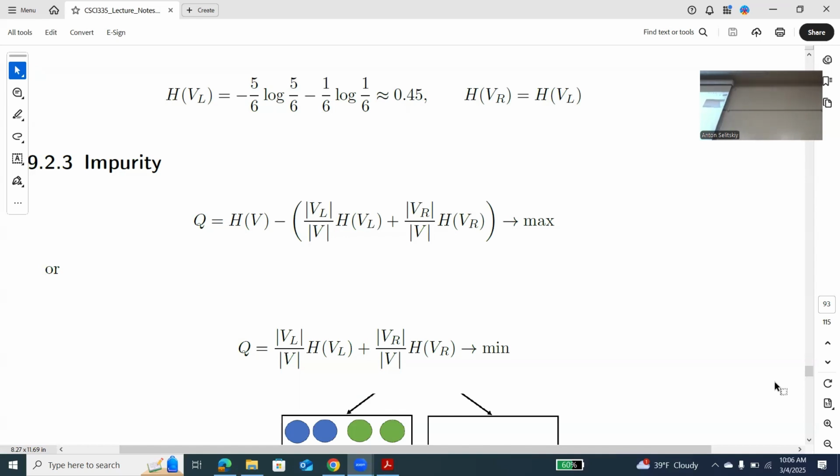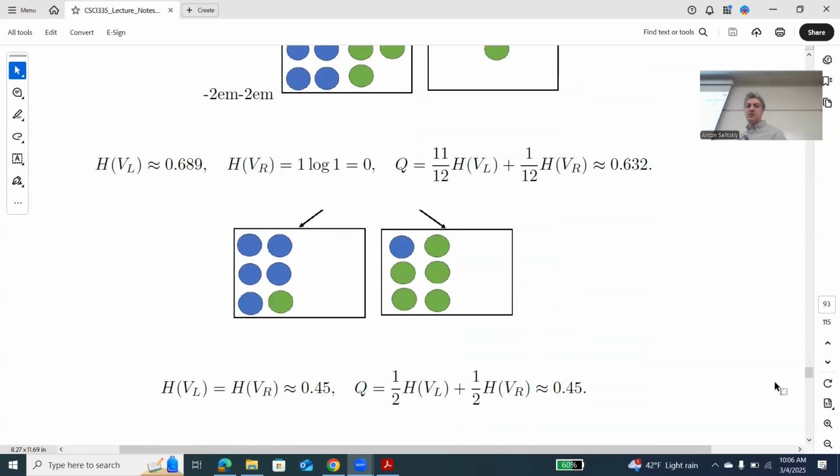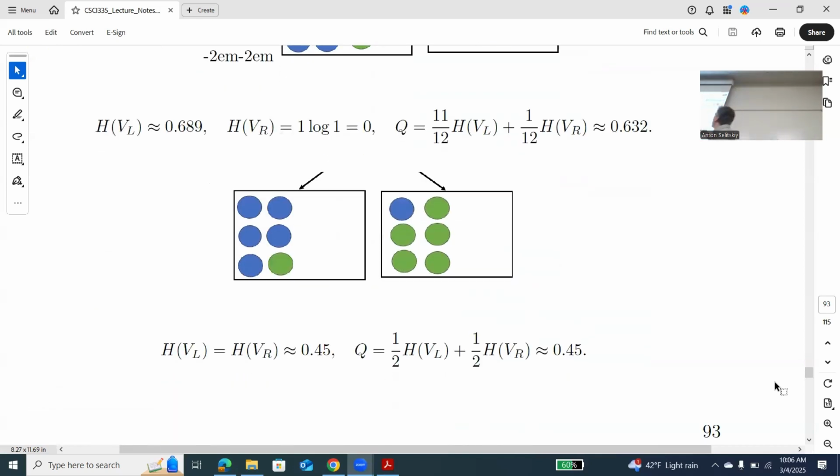So this is the final formula, because now these fractions will take care of the proportions. If we calculate now these values with proportions of split, then this quality for the first split will be 0.6 and quality for the second split will be smaller.